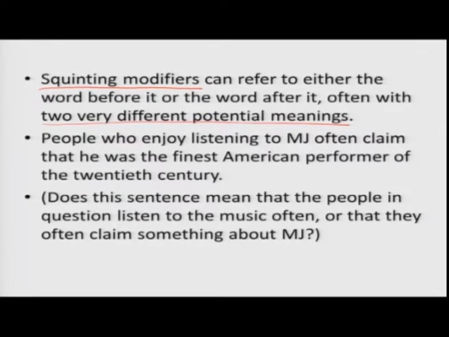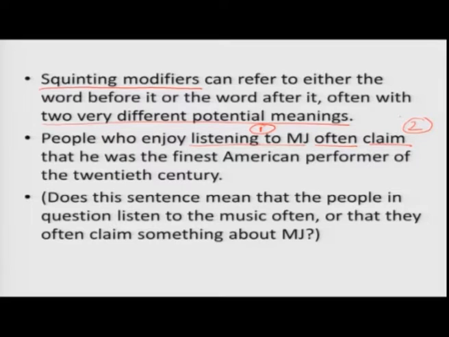Look at this example. People who enjoy listening to MJ often claim that he was the finest American performer of the 20th century. Here, the modifier is often, but the problem here is this modifies two things. Listening to MJ, this is one part, and claiming, the second part.